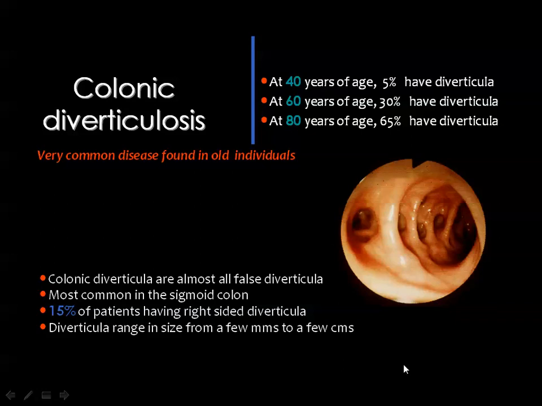Colonic diverticuli are usually of the false type, and they commonly affect the left side of the colon, especially the sigmoid area. Right-sided diverticuli are usually rare and may be found in about 15% of the cases. Most of the diverticuli are small, but some of them may reach a large size.